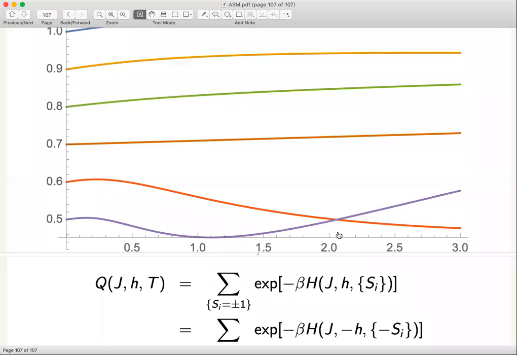So what I'll show in the next class is that for d equals 1, there is no phase transition. But for d equals 2 onwards, we should see the phase transition in the system.